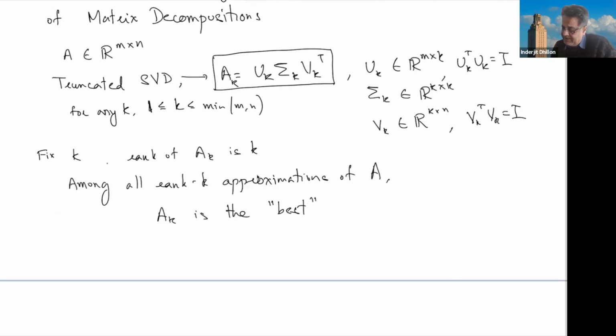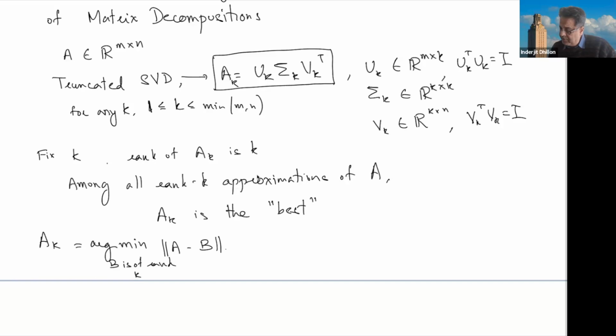It means that if I look at the matrix A, my given matrix, and I look at all matrices B which are of rank K, and I take the minimizer among all rank K matrices, the argmin is equal to AK.